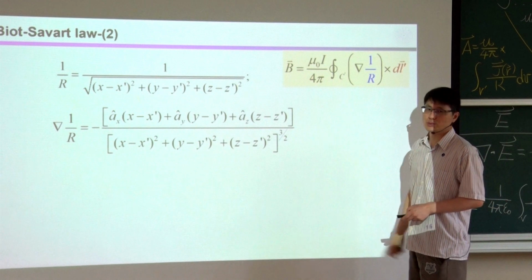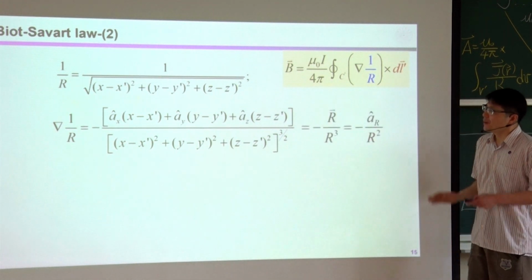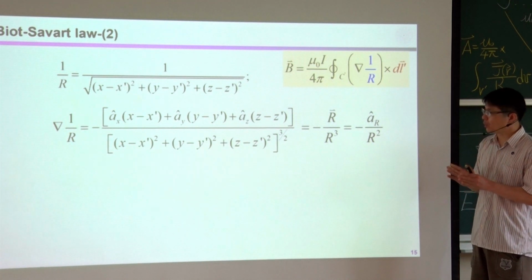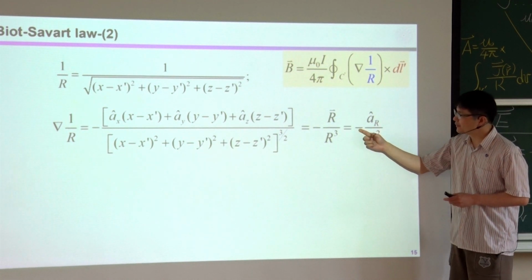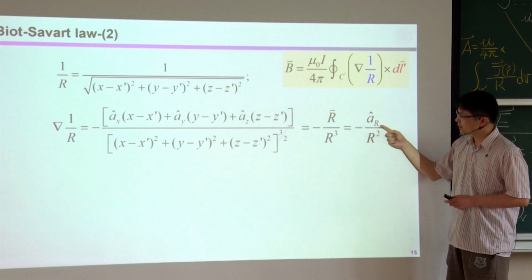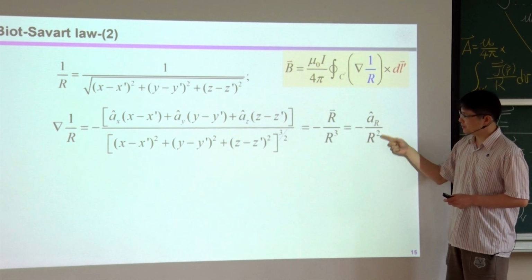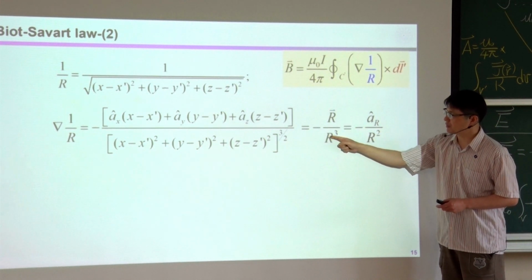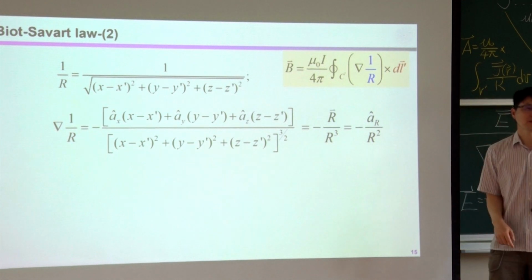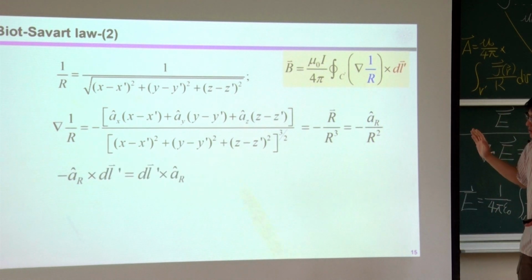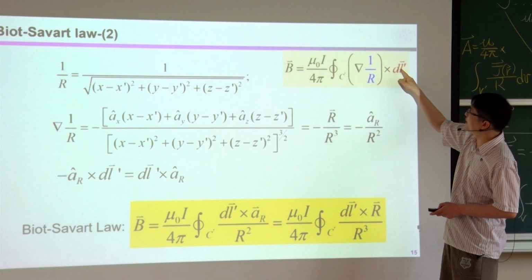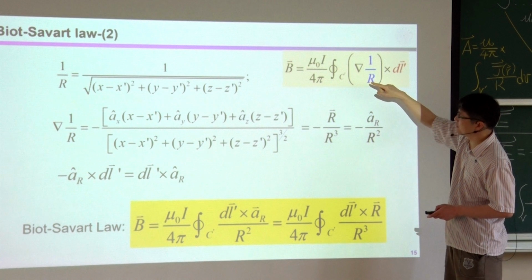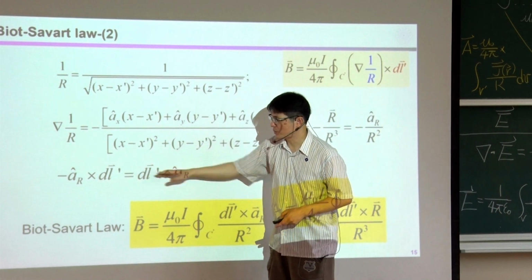Basically, the gradient of 1 over r is equal to the negative of your distance unit vector divided by the distance squared, or the distance vector divided by the distance cubed. Then dl, gradient cross dl is negative dl cross this.